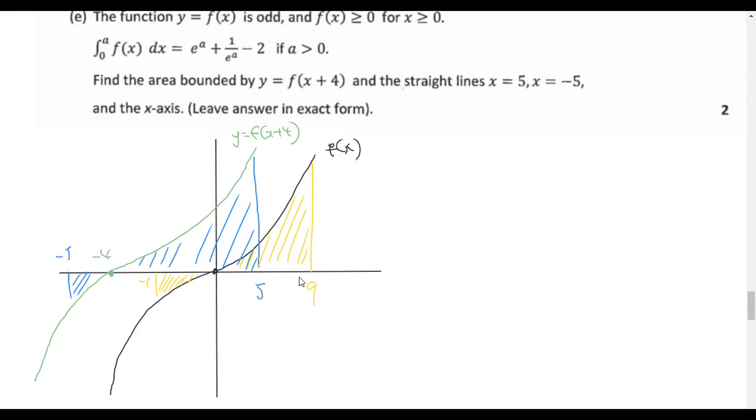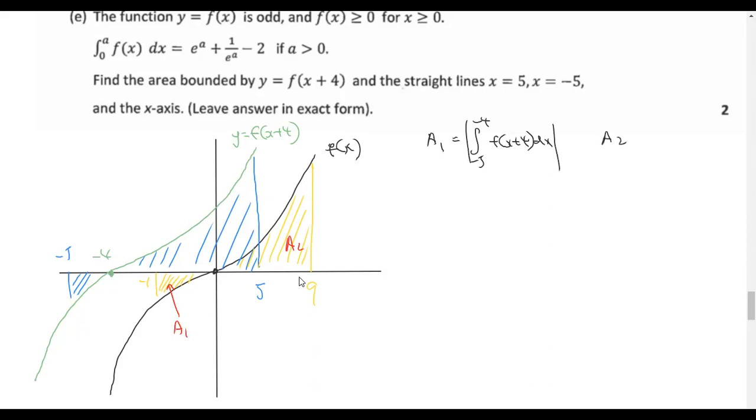So in other words, for all intents and purposes, you're basically trying to get area 1 and area 2, where area 1 is the integral of f of x plus 4 dx from negative 5 to negative 4, well, absolute value.